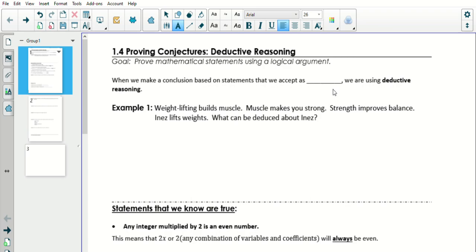Today we are going to be talking about how to prove conjecture through deductive reasoning. Now, for those who don't know or don't remember, conjecture is a testable statement that is based in a series of facts. The issue, of course, is conjecture really hasn't been 100% proven at all points.